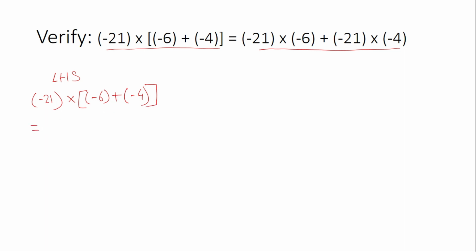It will be minus 21. So as per BODMAS rule, we have to solve this bracket first. Minus 6 plus minus 4 is minus 10. Then we will multiply symbols, minus into minus is plus, and 21 into 10 is 210. This is the value for left hand side.